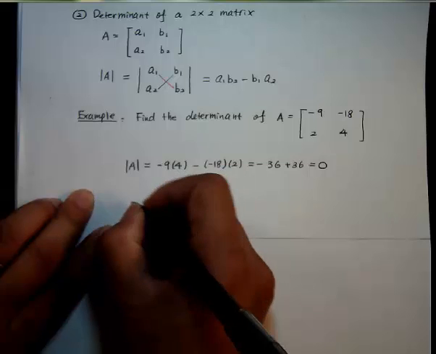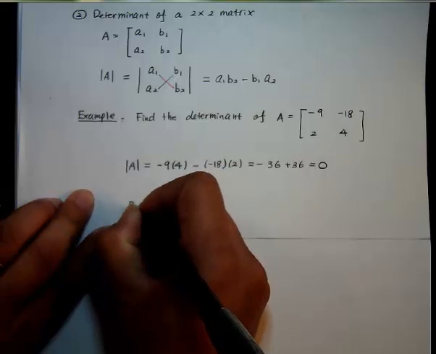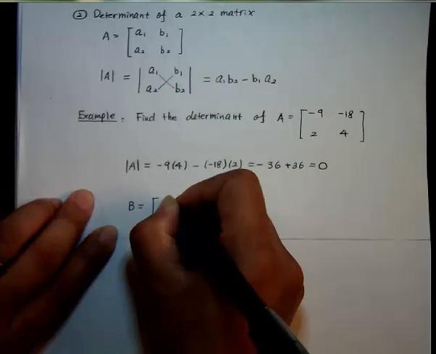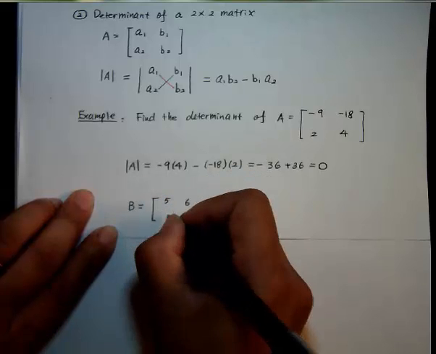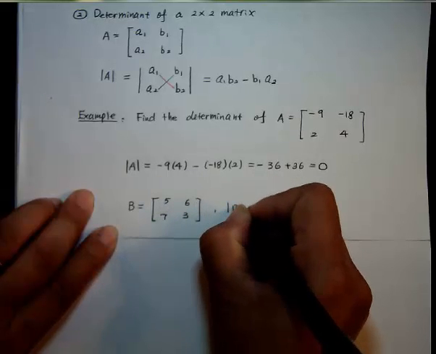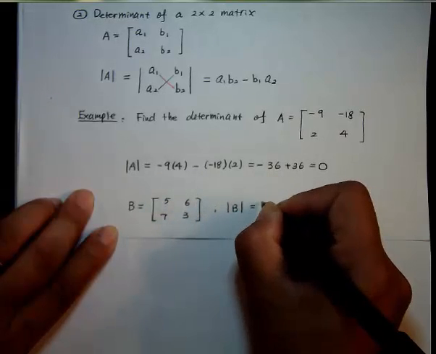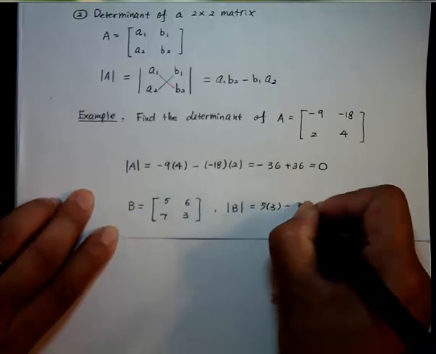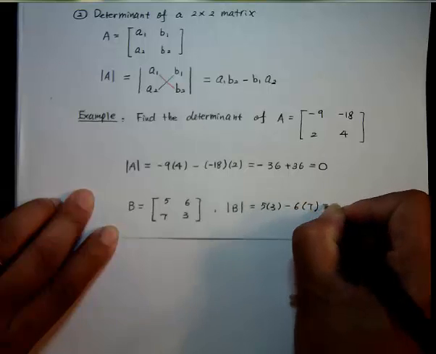How about another one? Let's say B is equal to 5, 6, 7, 3. So the determinant of this matrix B equals diagonal 5 times 3 minus 6 times 7.